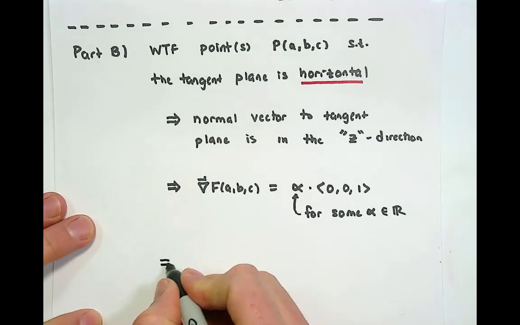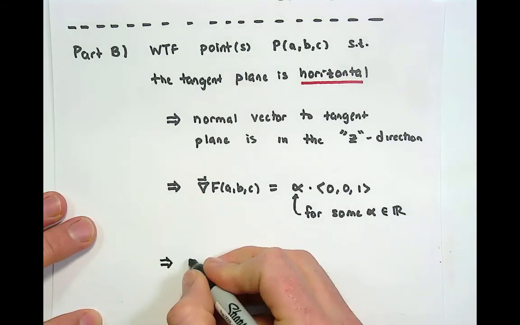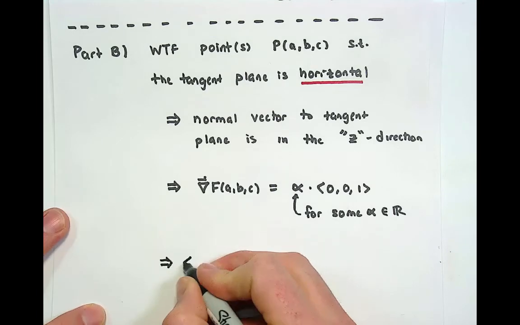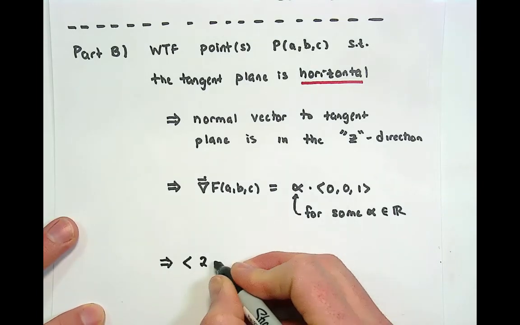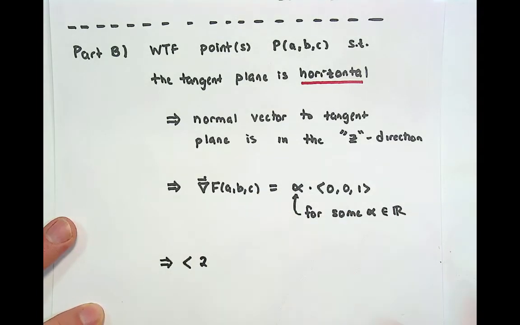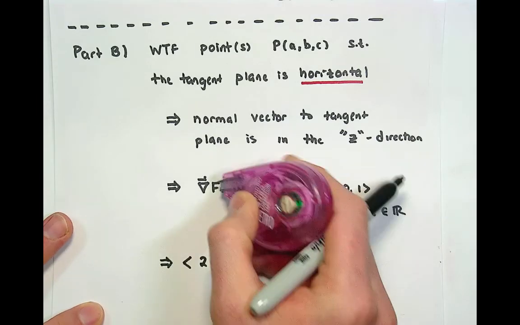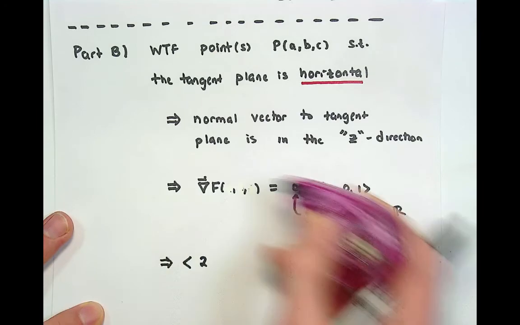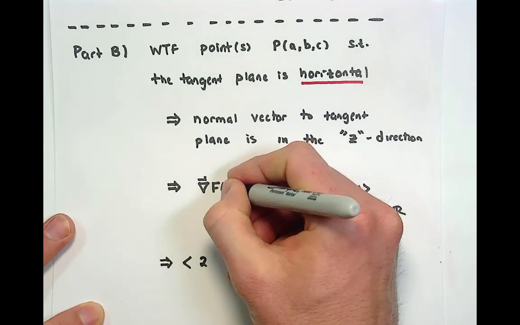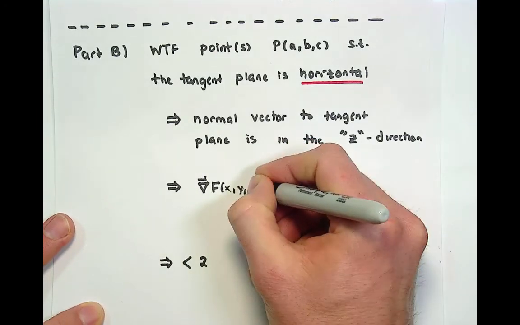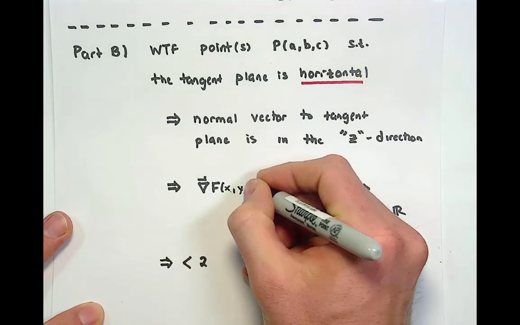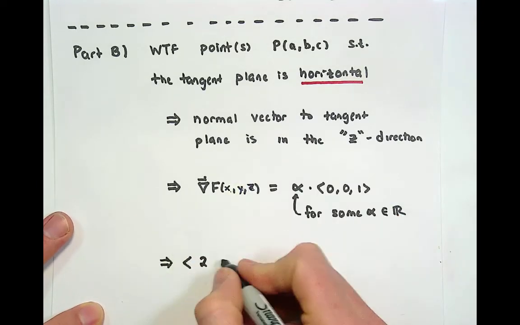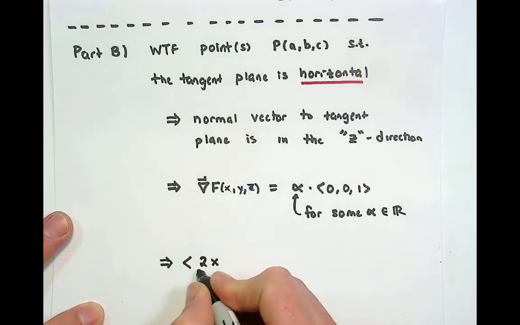Well, we already know what this gradient is going to look like. We said earlier that this was going to be something like 2x. In this case, I don't know if we want to use x or a, we might just use x, it doesn't really matter. The general equation we said was in terms of x, y, and z.